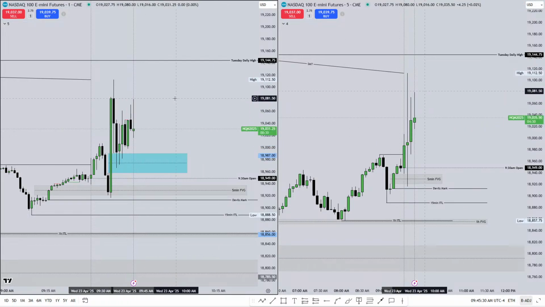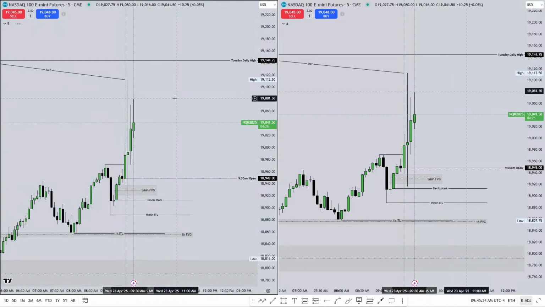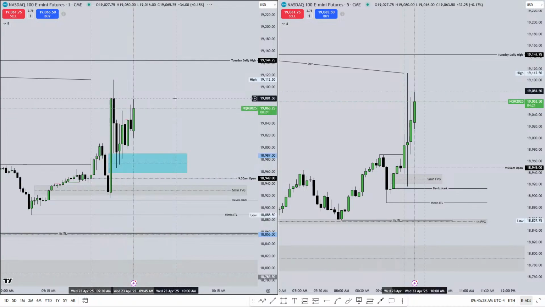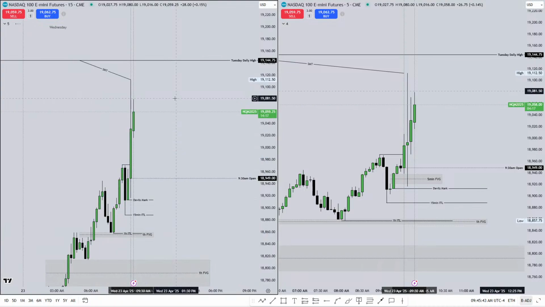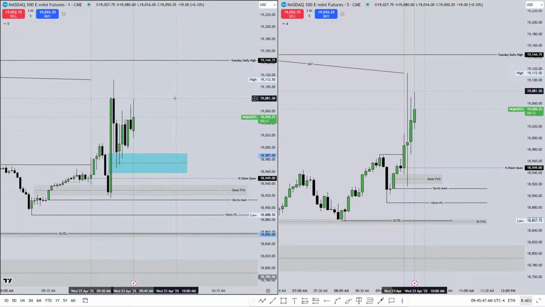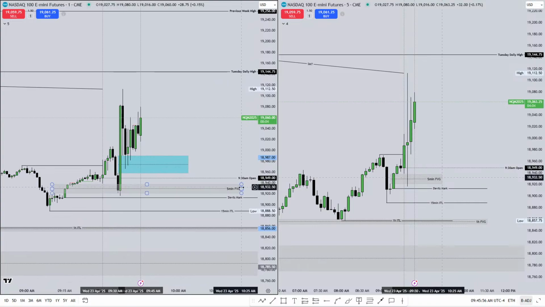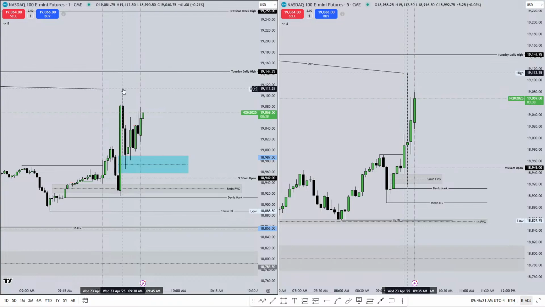Kind of uneventful, honestly. I feel like we can poke above this high one more time, or maybe get SMT at this high is something I could look for without taking this Tuesday daily high.